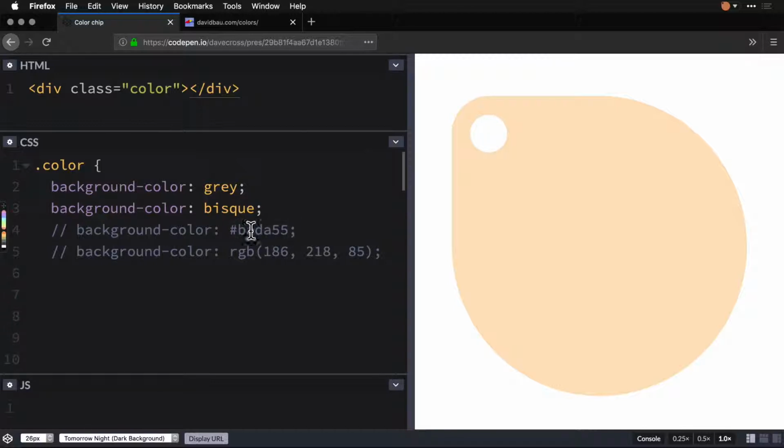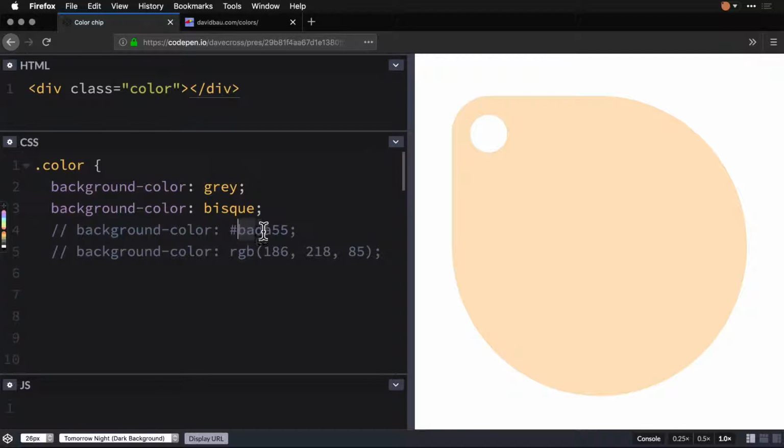When you put that side by side with another one, so this BA, you would find out what this number is and what this number is and multiply the two together, and it will give you a number in the range of 256 different shades.